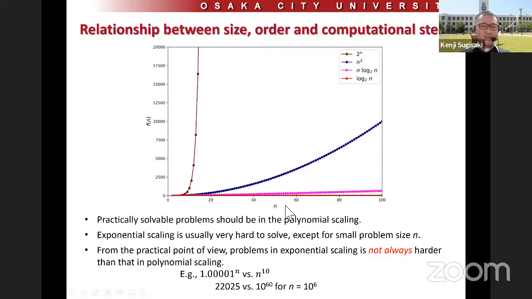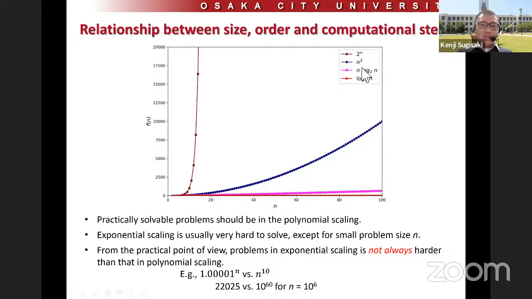from among each other. I mean, if this is the graph plotted as n versus f(n), and if f(n) equals just log n, f(n) is very small even for n equal 100.